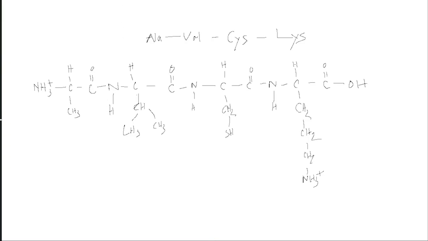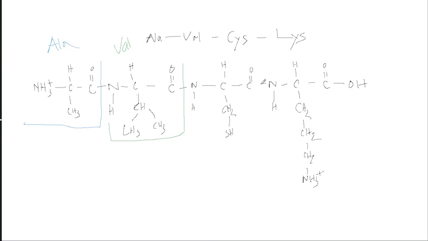Now we can see that this part up to the nitrogen, this part right here is the alanine. Then from the nitrogen to another peptide group, the carbonyl and the NH, this part is the valine.